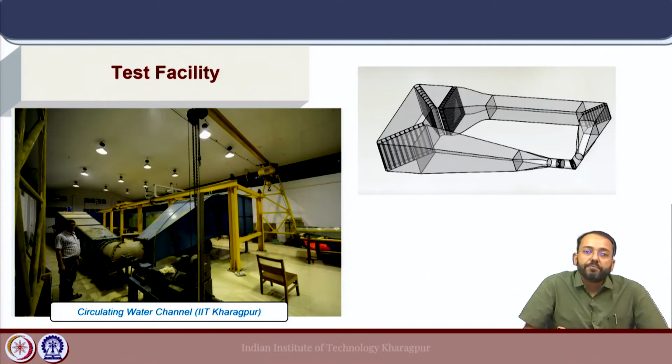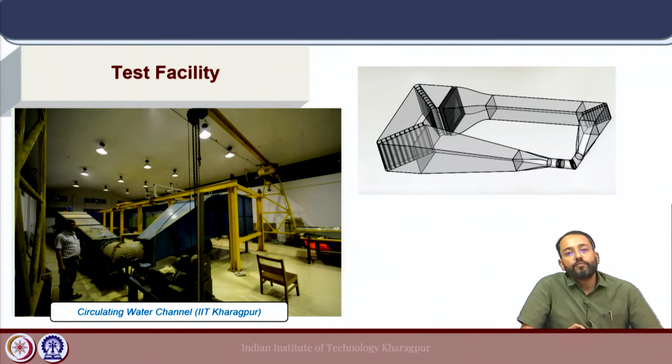There is a different type of facility which is called the circulating water channel, which is used for certain experiments for measurement of forces or flow visualization over certain bodies like foils, propellers or small objects.